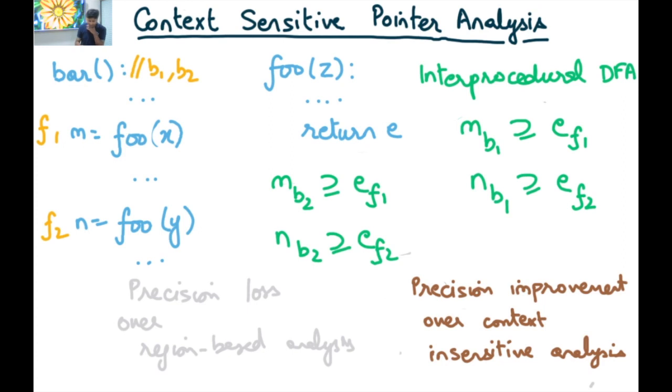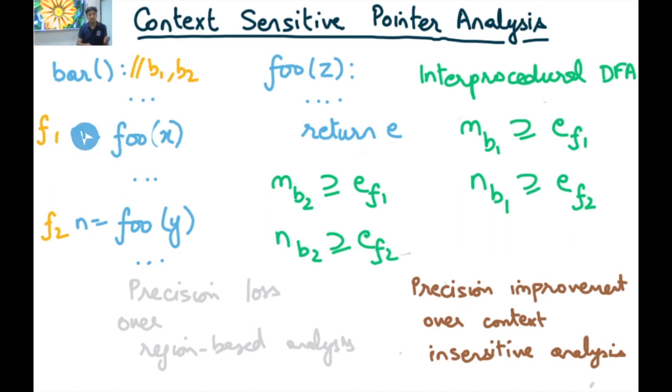So once again, this is a precision improvement over context insensitive analysis, because when I do the function return and go back to the caller, I can track more precisely what values should flow into the return value. So for example, M would only get influenced by EF1 but not EF2, and so you would avoid paths where, let's say, foo on Y could have returned some very large points to set, and foo of X was going to return a very small points to set in its return value.